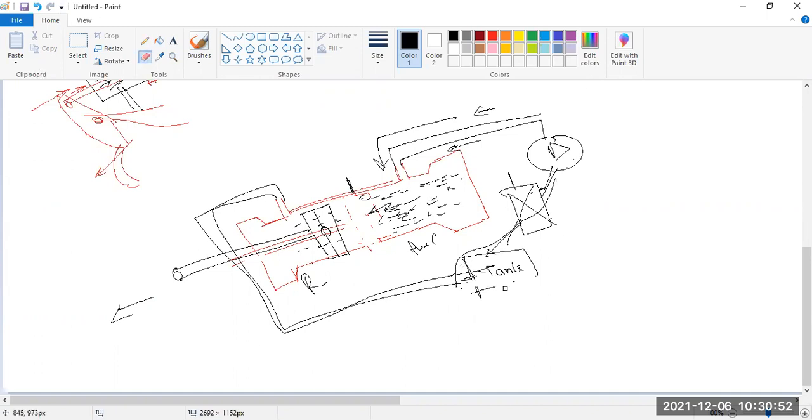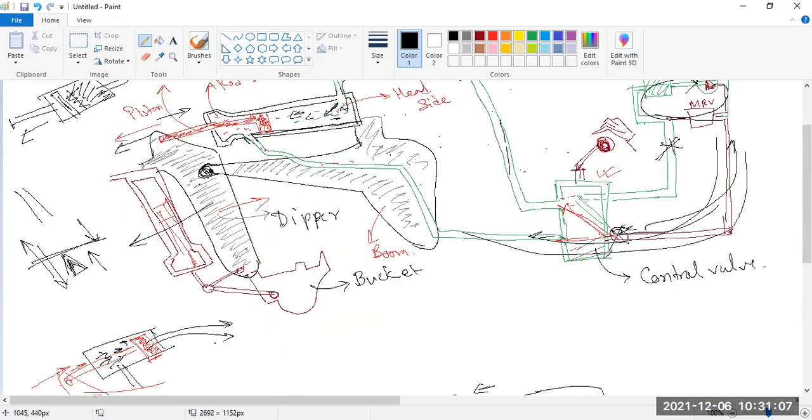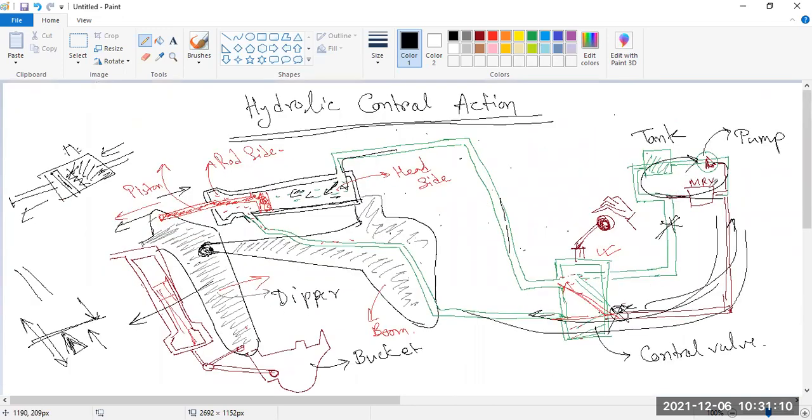So the pump is connected to this channel, and this head side channel will be connected to the reservoir of this tank, because in the previous circuit you can see there is a spool valve, and through this valve you can sometimes connect this channel with this tank, or sometimes channel this pump with this tank.